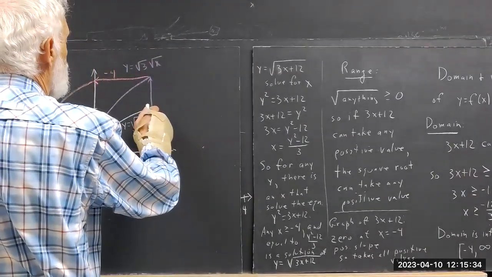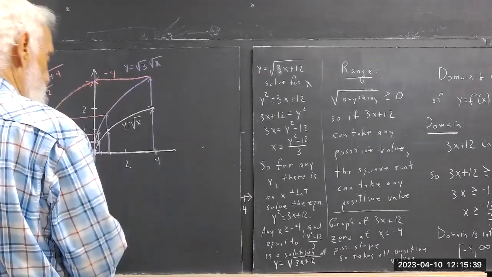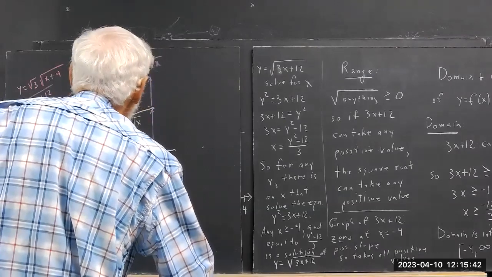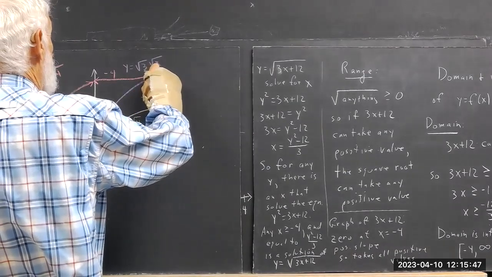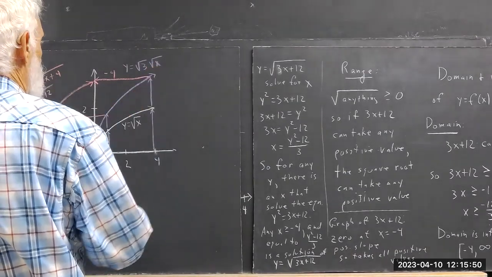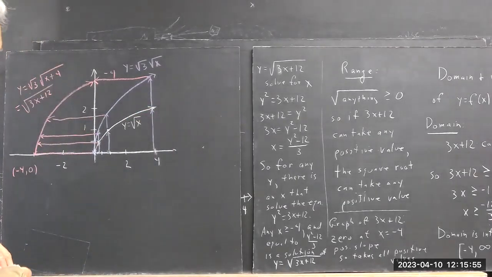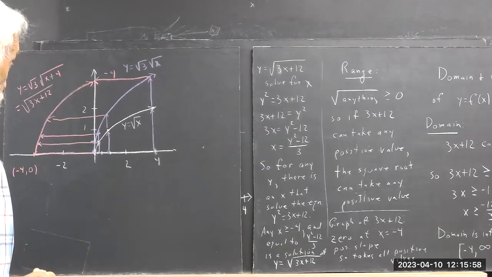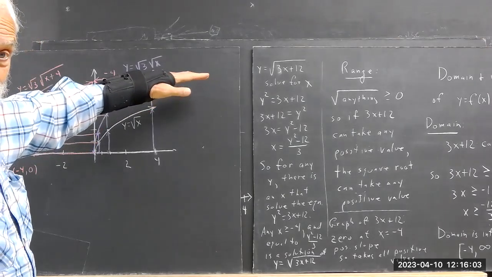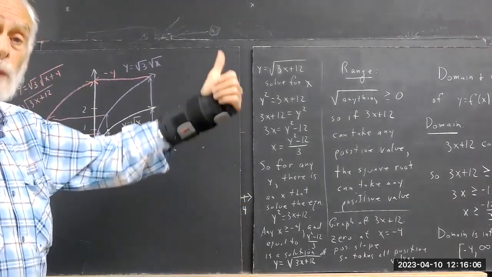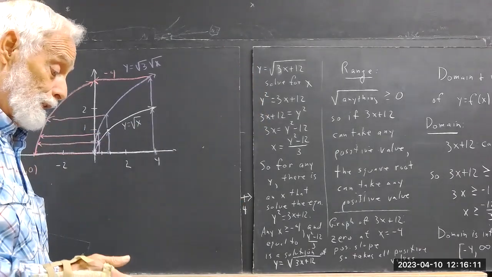So I can put an arrow on this, and on this, and on this, indicating that it goes on. We also know that the thing never levels off. As x keeps getting bigger, so does the square root.